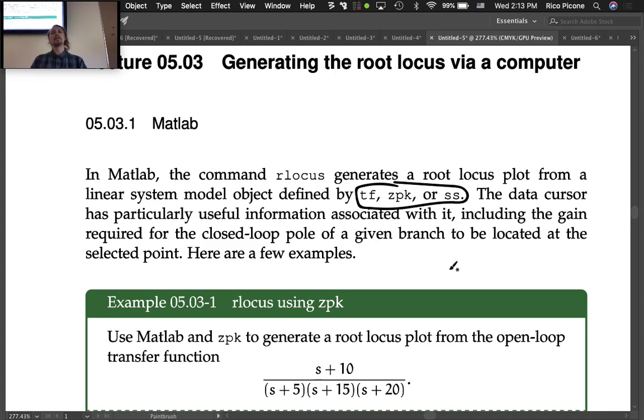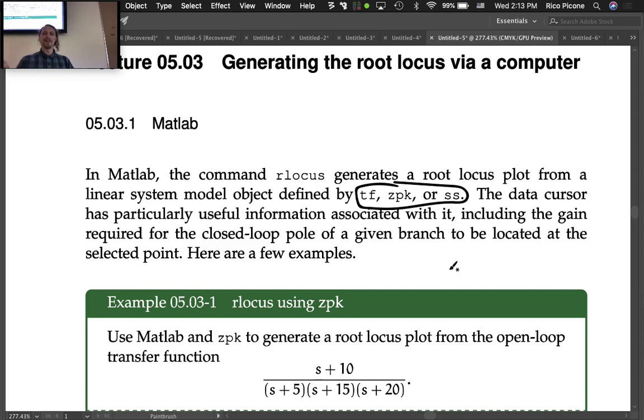And the reason it has that information is that how Matlab generates the root locus is it says, what if your closed loop gain was 1.23? And then it just does a numerical solution, finding the roots of the numerator and denominator of the transfer function numerically, which is pretty easy to do if you're Matlab.